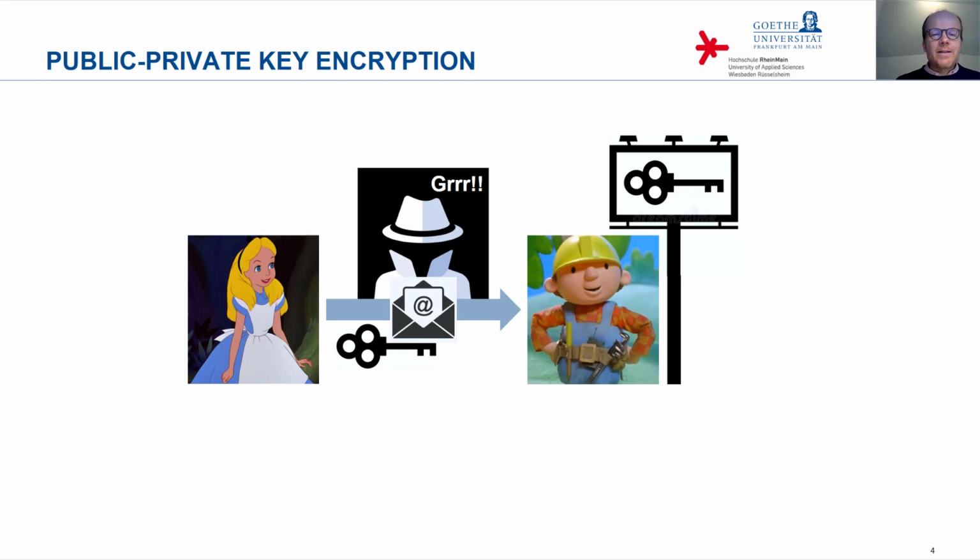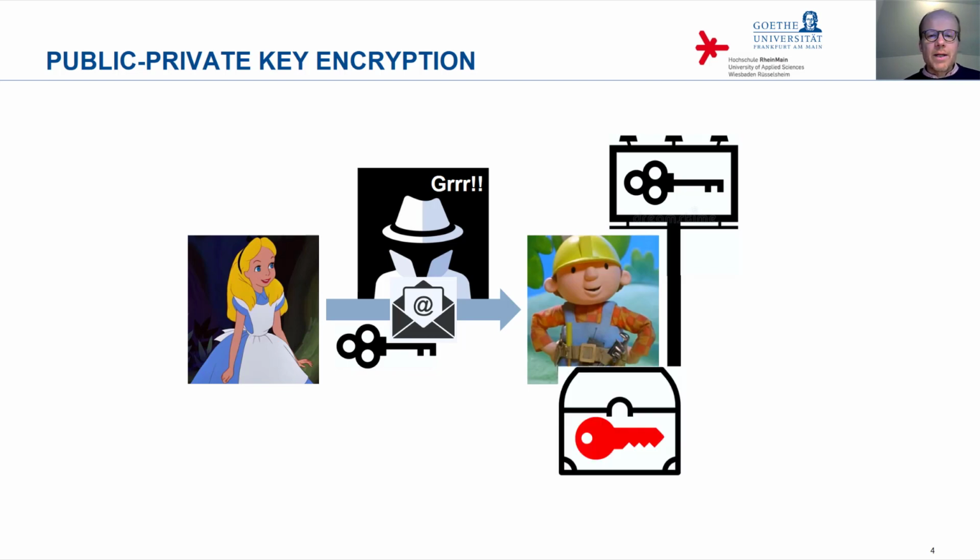So Bob has created a private key, which is the counterpart of his public key, which allows him to quickly decrypt any message that he receives. And of course, this private key he has to keep in a very safe place, because anyone who gets hold of this private key will be able to decrypt the messages.